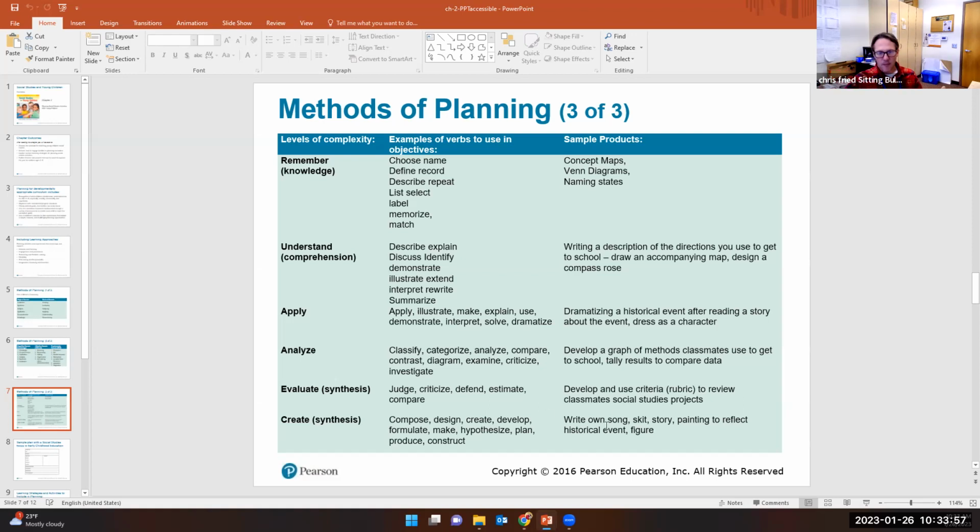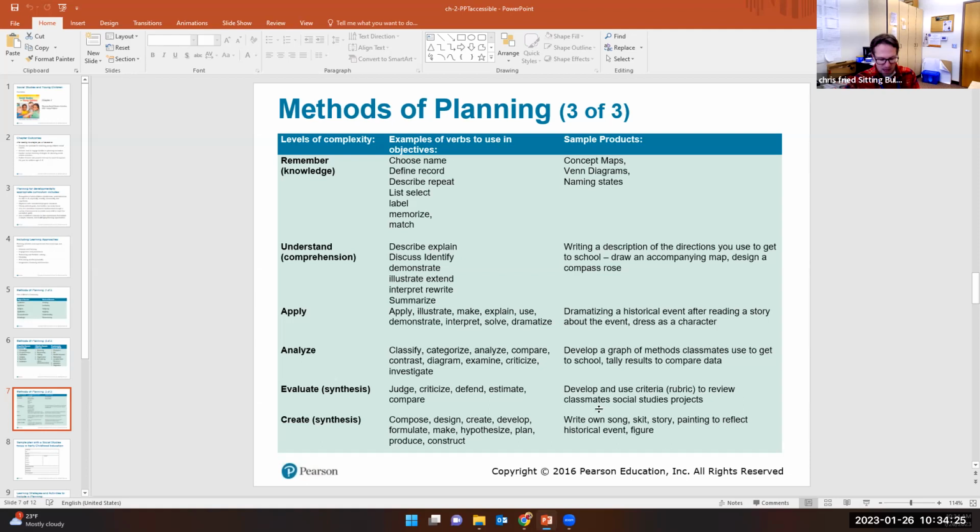Things like writing a song, painting, drawing, creating a figure, a variety of things. As you go up the levels of Bloom's taxonomy, it gets, I don't want to say more complicated, but you're using things differently, you're thinking differently. So take some time to look through these terms and also some of these sample products.